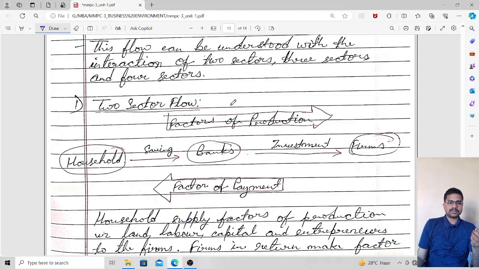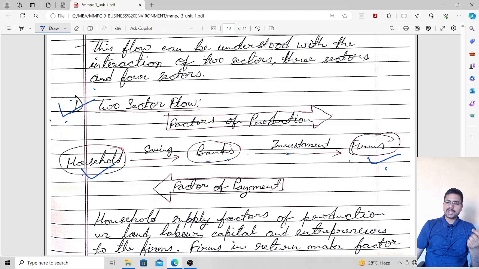The first is the two sector flow. In the two sector flow, you have the household on the left hand side, the firm on the right hand side, and in between you have banks. It means savings by the household are channelized by banks to the firms in the form of investment.